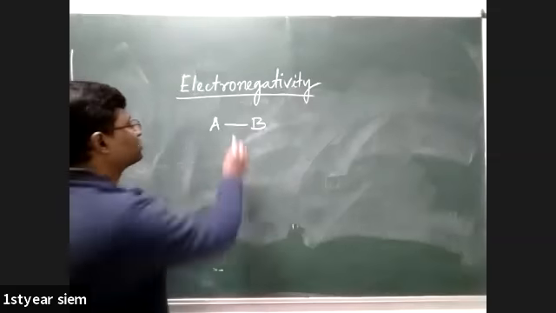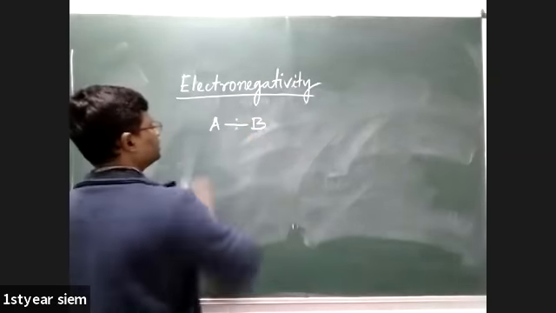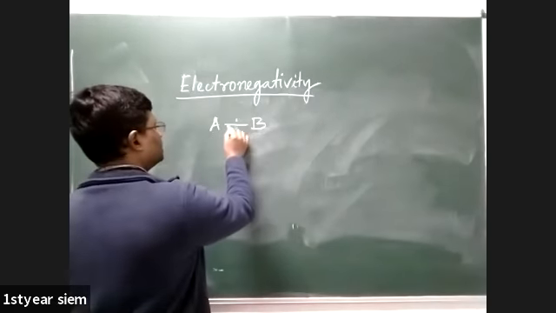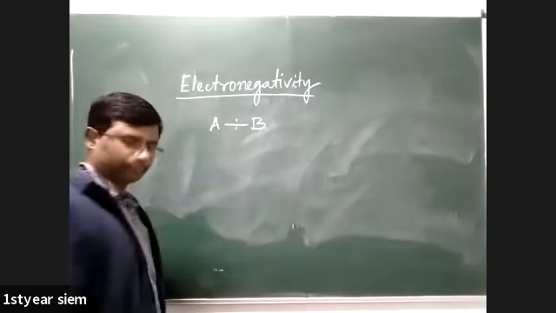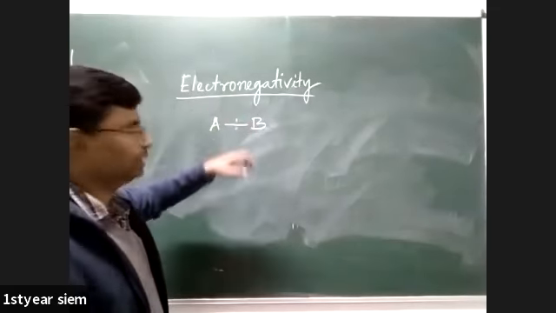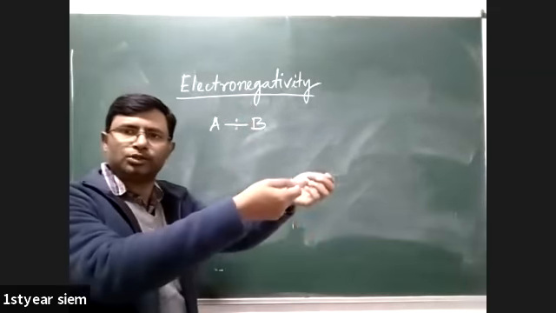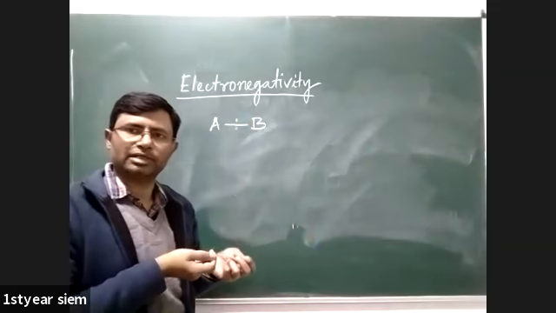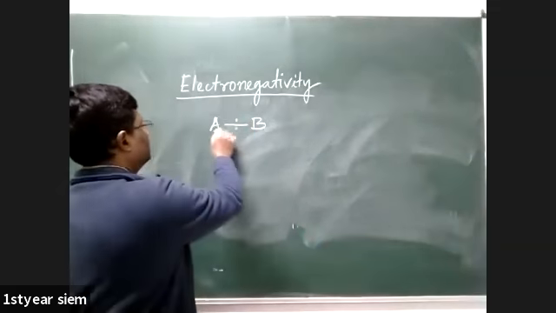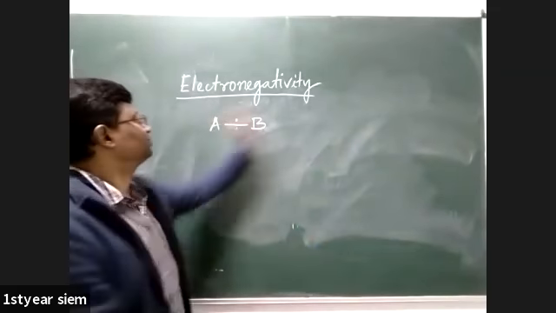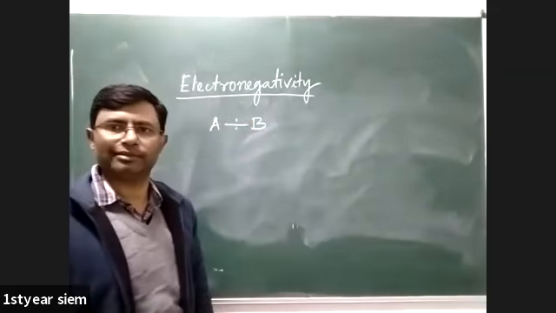So there are two electrons in the bond. A and B try to attract the electron toward themselves. A is pulling the electron toward itself, B is pulling the electron toward itself.